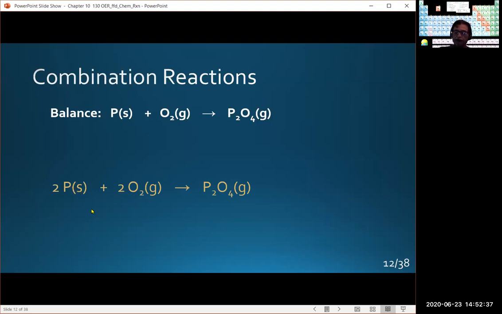And so now we have a balanced chemical reaction here. This example is a combination reaction. 99% of the time, the reactants are the elements for a combination reaction. So recognize that you're dealing with elements to give you some type of compound, in this case, a covalent compound.